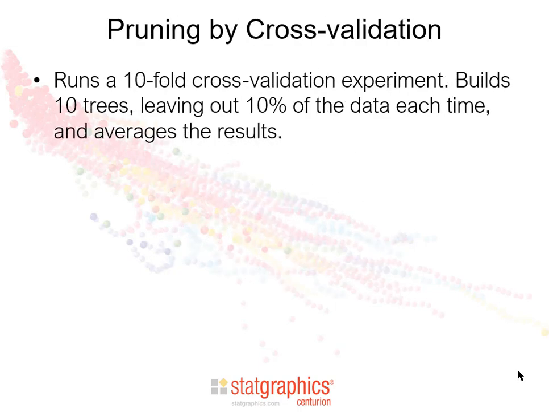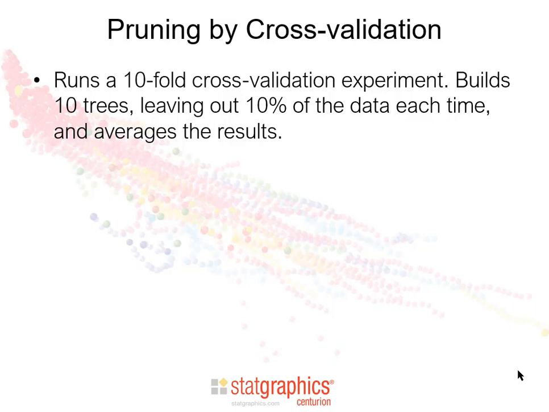What I'm going to do now for you is a cross-validation experiment. Actually, a 10-fold cross-validation experiment. What this means is that I'm going to take my training set and I'm going to build 10 trees. Each time I build a tree, I'll leave out 10% of the data and then average the results.